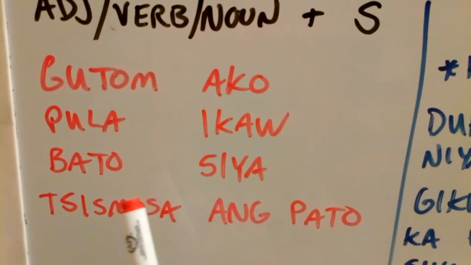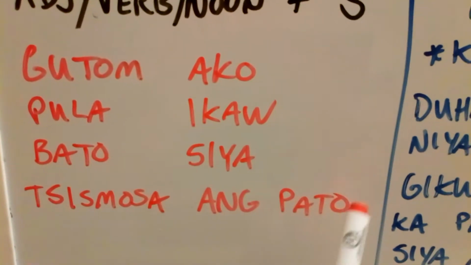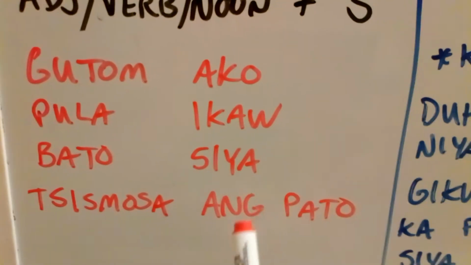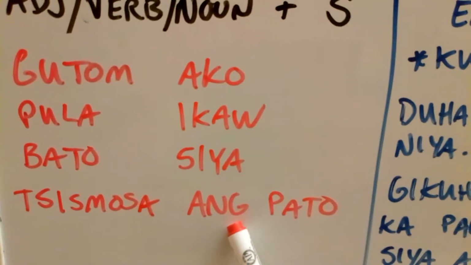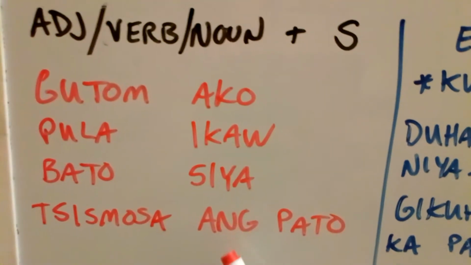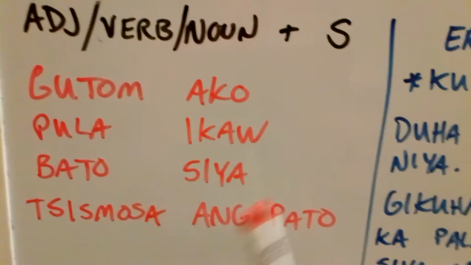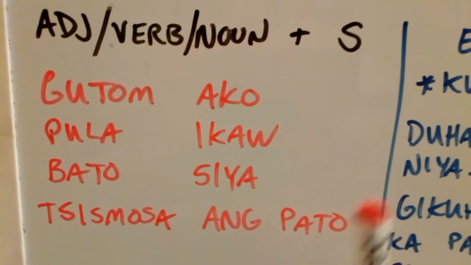And whatever verb or adjective or noun you said is what is being related to that duck that you're talking about. And you only put this focus marker, the ang, if you're talking about a main subject.